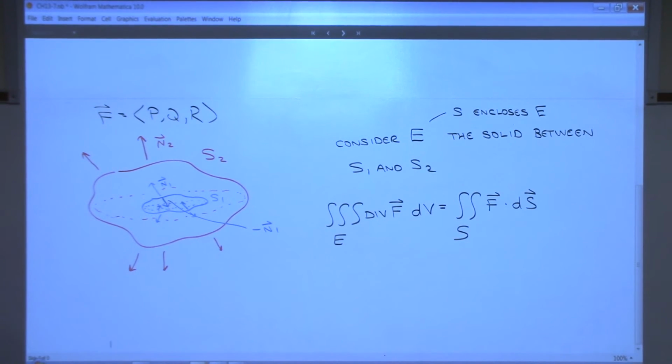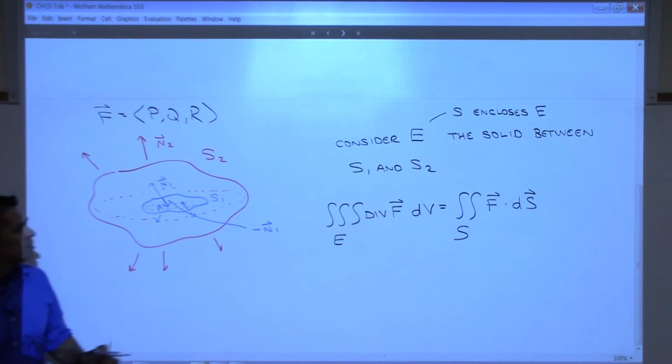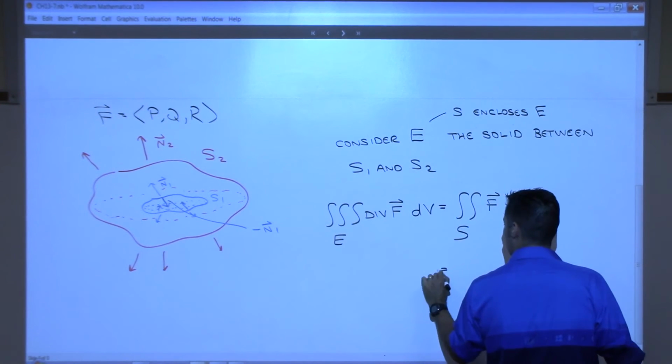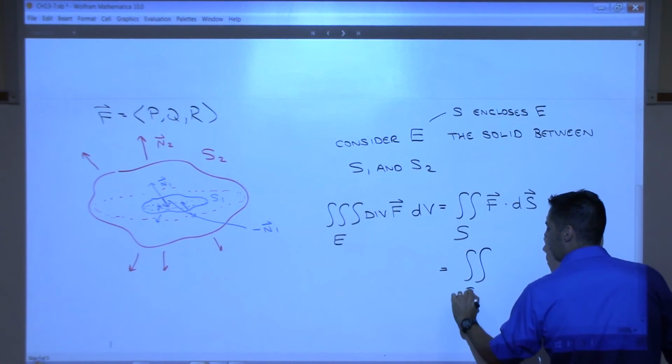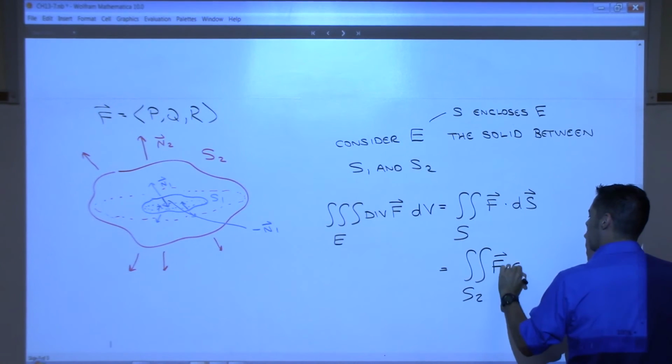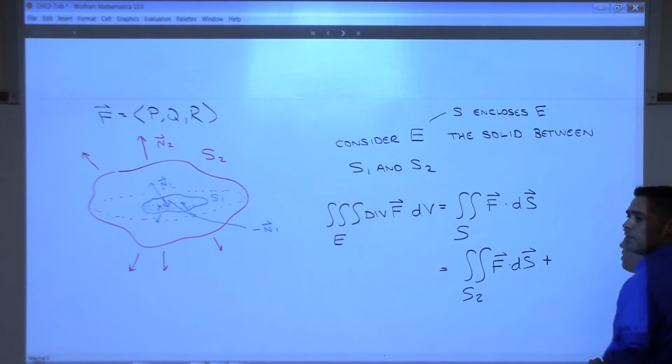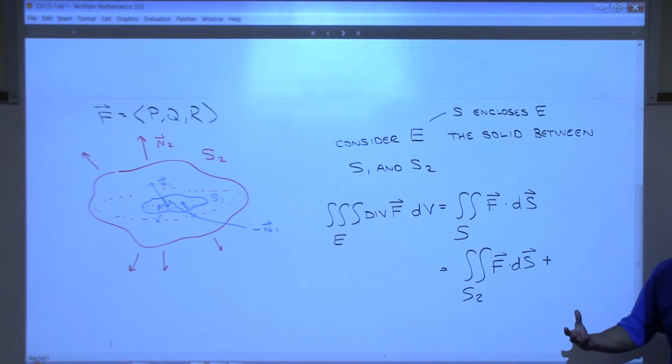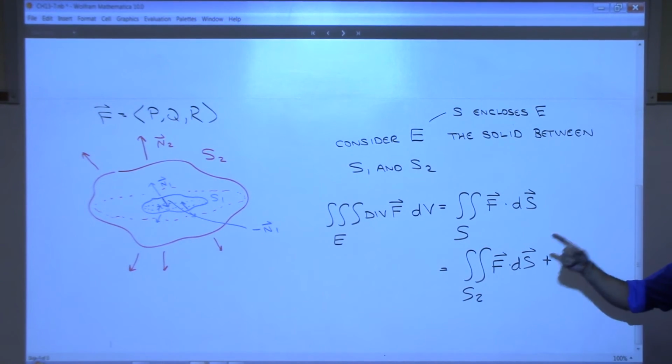Good, I think it makes sense. So S is actually made up of two surfaces. One is S2, and the other one is S1. Now, is S2 oriented properly in terms of how it encloses E? Are the normals pointed away from the bread? Yes. So I could say that this is equal to the surface integral over S2 of F dot dS plus the other surface, S1.